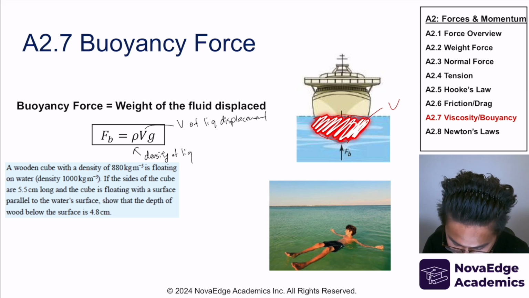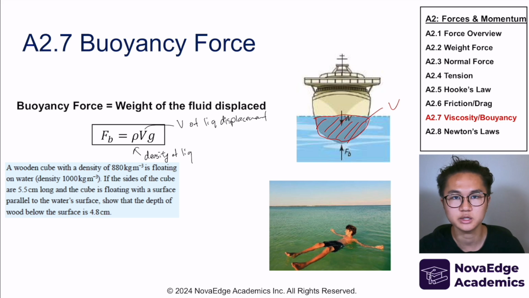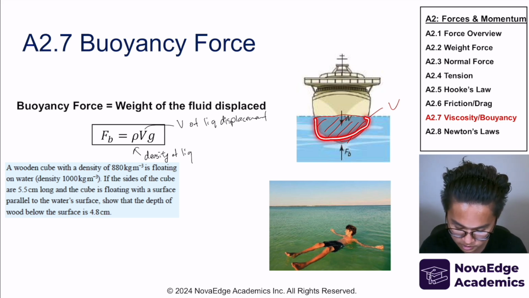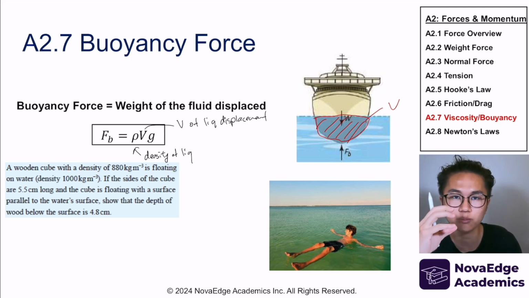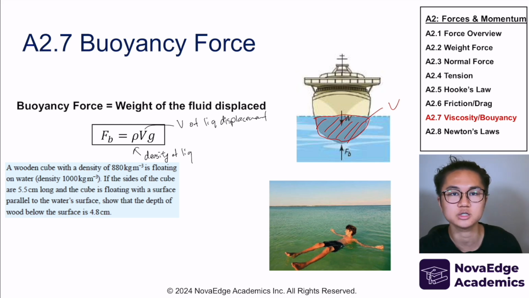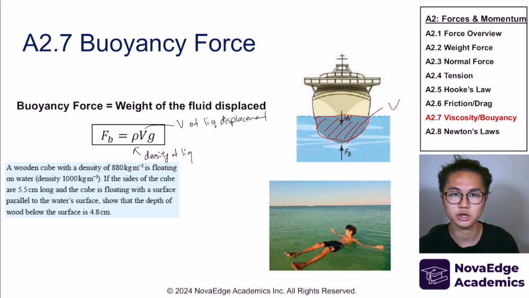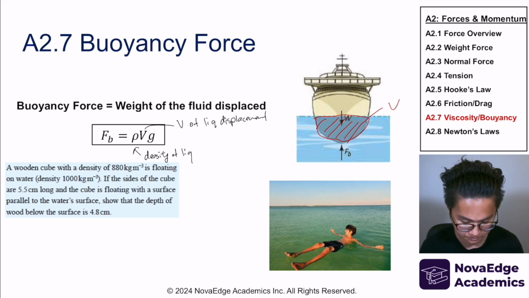That is what we're interested in. Okay, be careful. Some people might just take the entire volume of the ship. That is not correct. We just want the volume submerged because that is the only portion that is experiencing that floating force. And G is just the gravitational acceleration. So let's try this problem and I'll show you how we use this exact equation. So pause the video and give this a try.